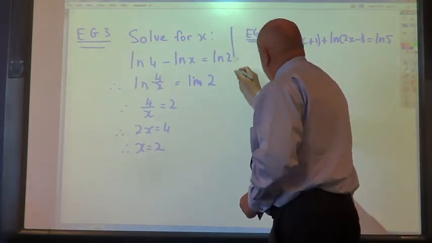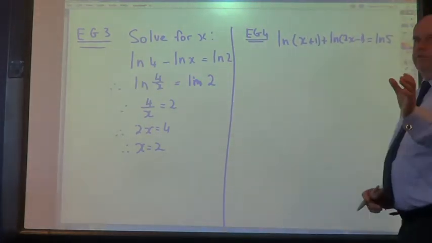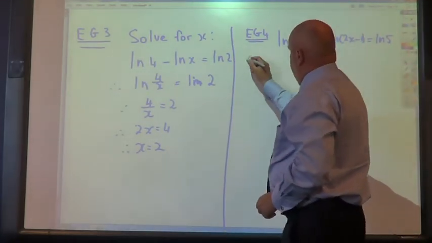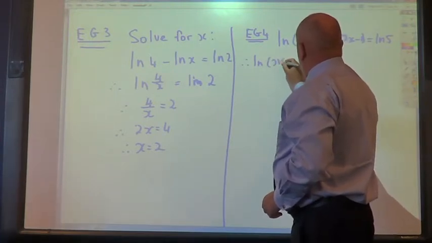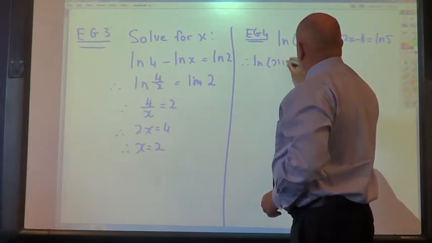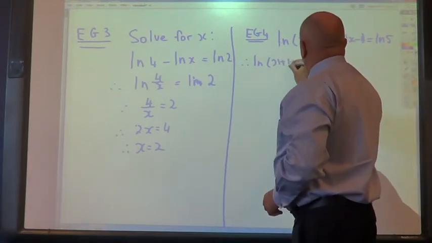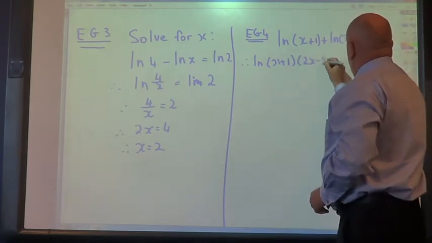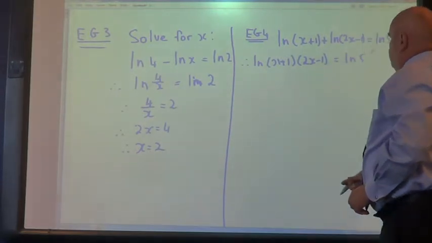That one is done. Okay, now to the harder end of the market. Again, what we're going to do is make use of a fairly basic log law and say this. Therefore, ln of x plus 1 times 2x minus 1 equals ln 5, the natural logarithm of 5.